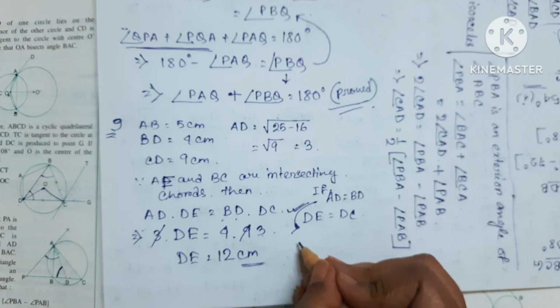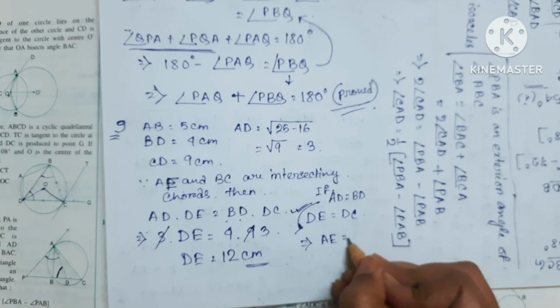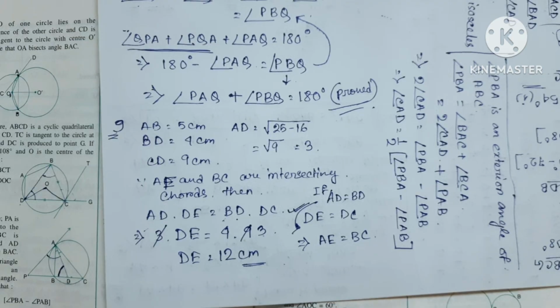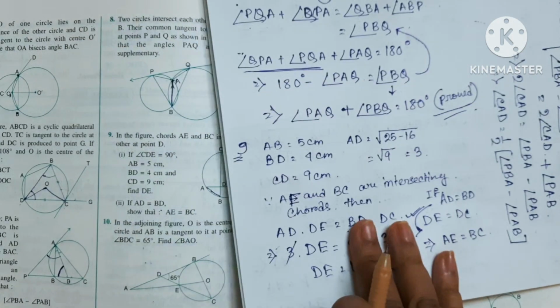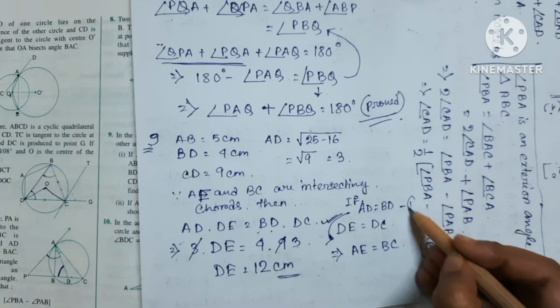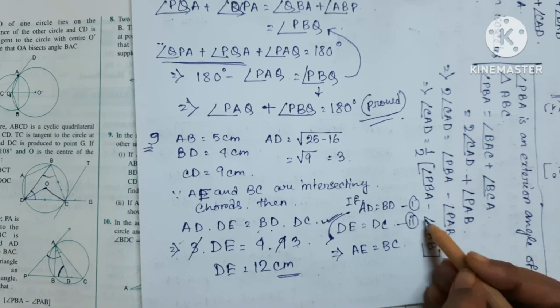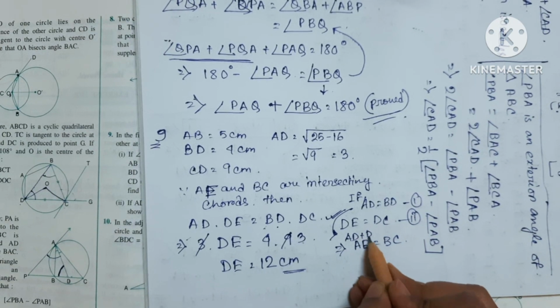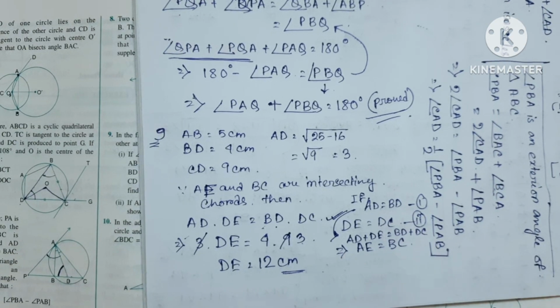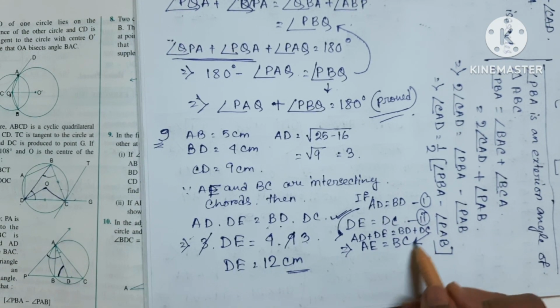Now if you add them, that means AE is equal to BC. That means the two chords are equal in that case. You just need to add these two equations: AD plus DE is equal to BD plus DC. From that you can derive this part.